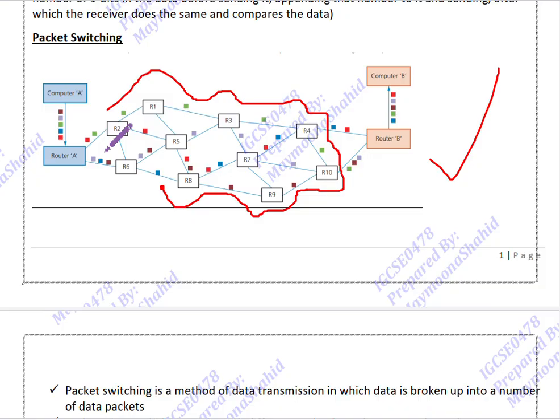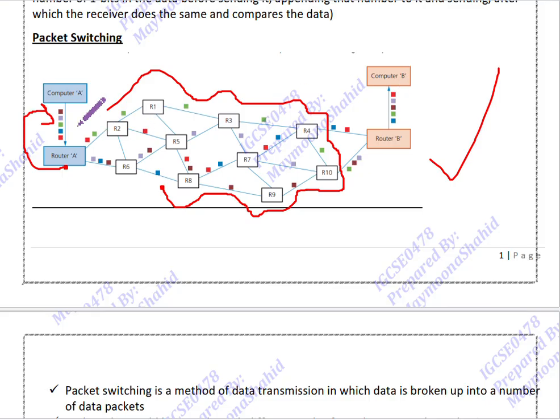When we forward a message or data, it's not directly coming to the receiving device. It firstly comes to your router, and then using different routes via different routers, it will come to the router of the receiving device, and then that router will forward it to the receiving device.